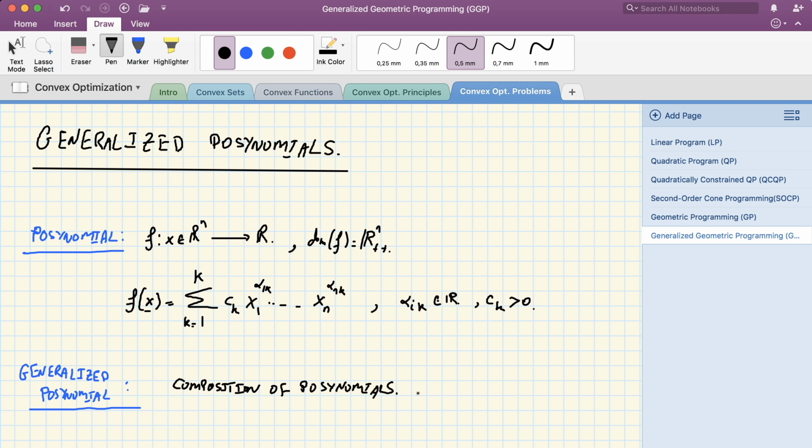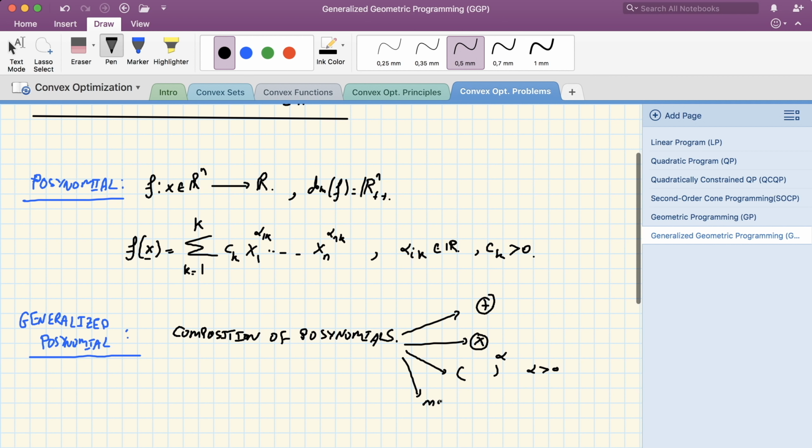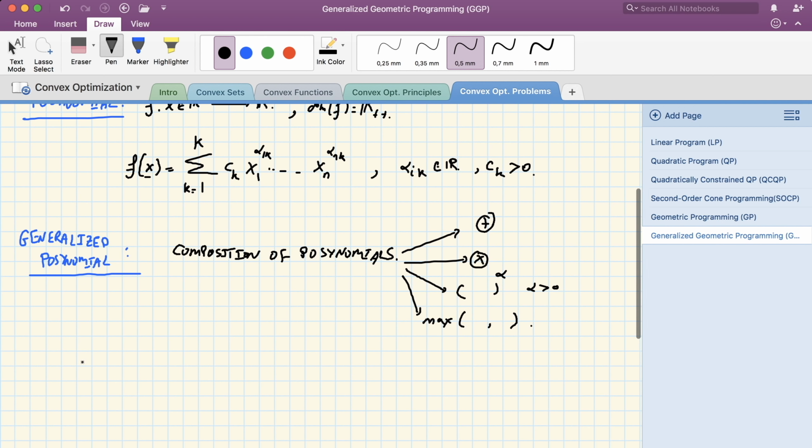So if you grab two polynomials and you add them, multiply, exponentiate to something that is positive, and even take max of polynomials, well, you have what is called a generalized polynomial. Now let me show you some examples. The following is a polynomial, right? And so is this. So those two are polynomials. That being said, if I take the max of those, we have what is called the generalized polynomial.